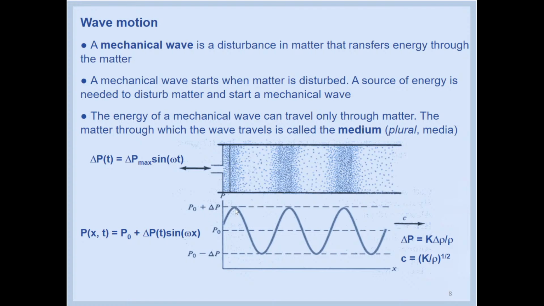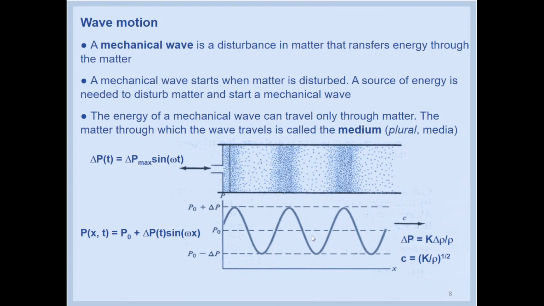At the moment when it stops in the cylinder, the pressure on the air becomes the greatest. After that, it goes back, rarefaction is developed, and pressure becomes the lowest, and so on and so on.